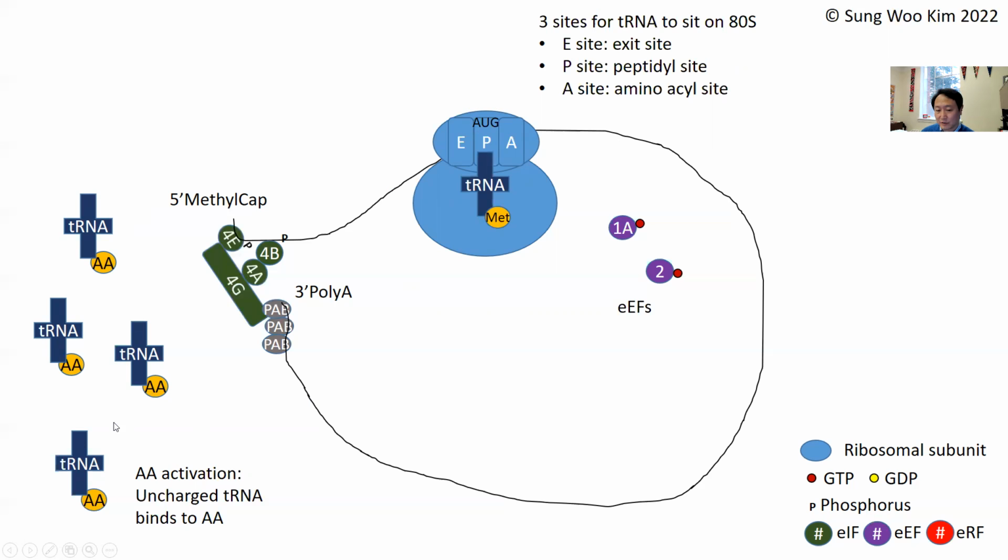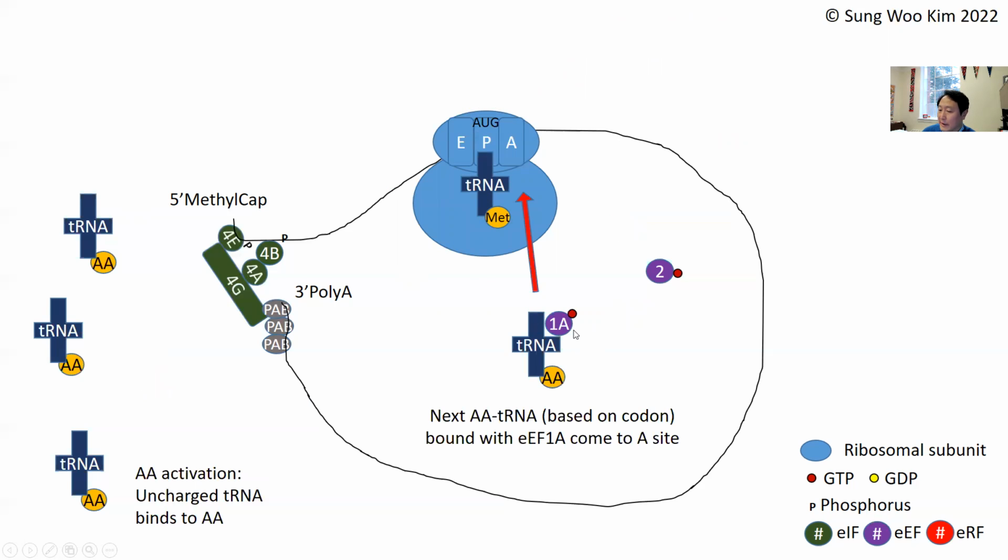Okay, this process consumes energy. Right? You can see from the ternary structure, this ribosome already has methionine tRNA, and the tRNA will be located in the peptidyl site in the middle of this ribosome. Okay? That's the beginning of the elongation.